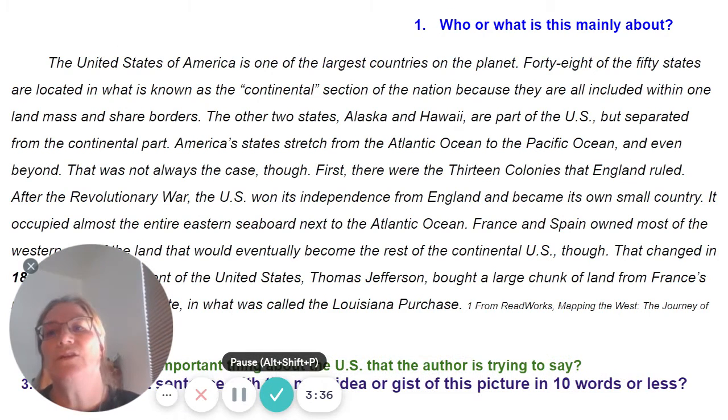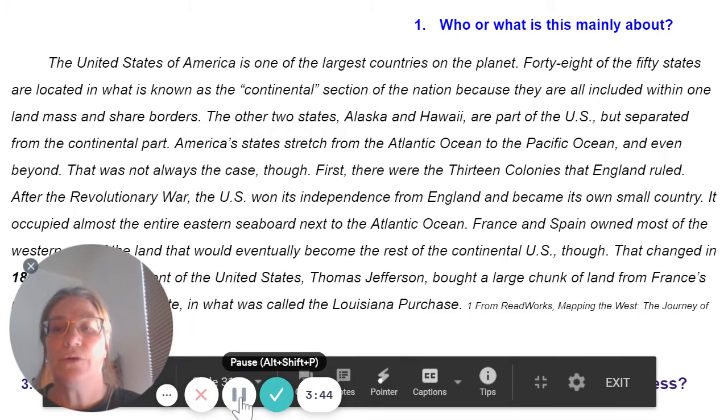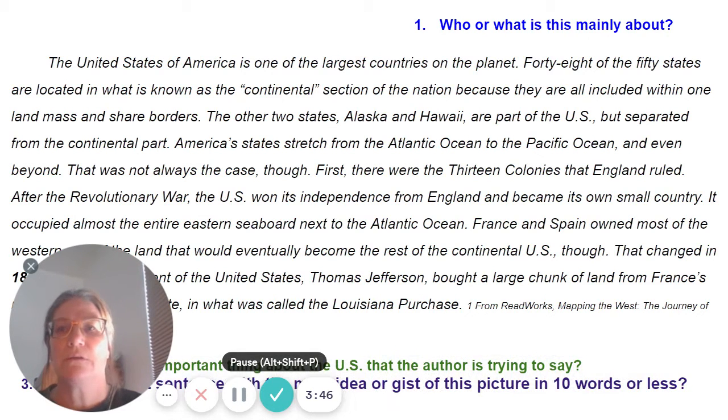That changed in 1803 when the President of the United States, Thomas Jefferson, bought a large chunk of land from France's ruler, Napoleon Bonaparte, in what was called the Louisiana Purchase. And then you can see that this paragraph is from a place called ReadWorks, Mapping the West.